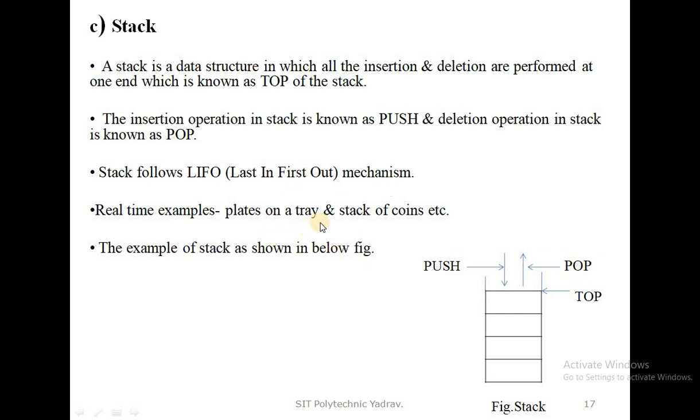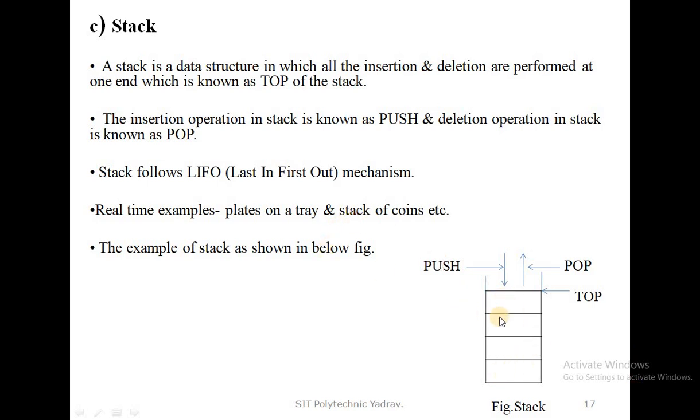Okay, for example, it is the tray. In that one plate is inserted, above it we put another plate, after that another plate. So one by one we are inserting the plates.